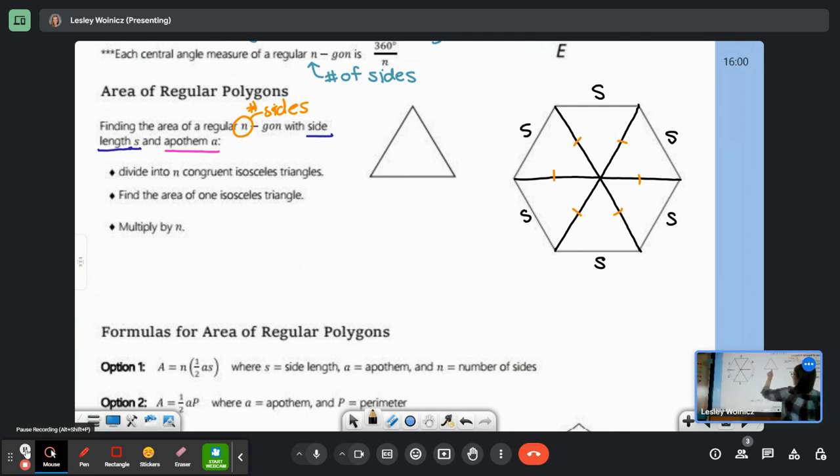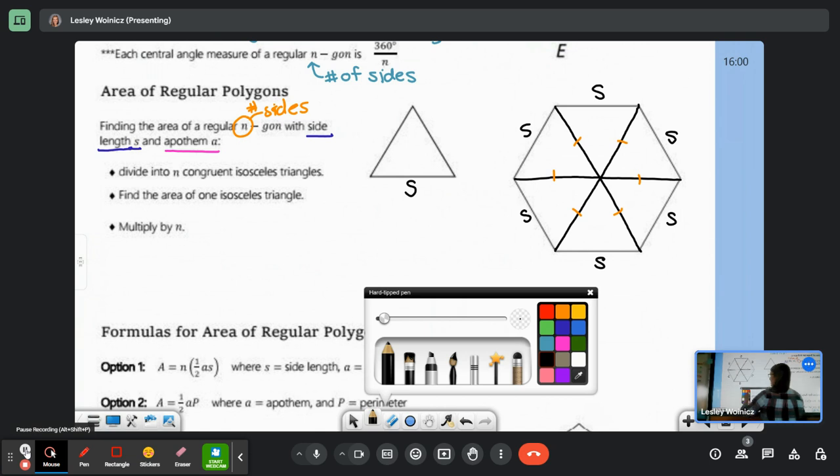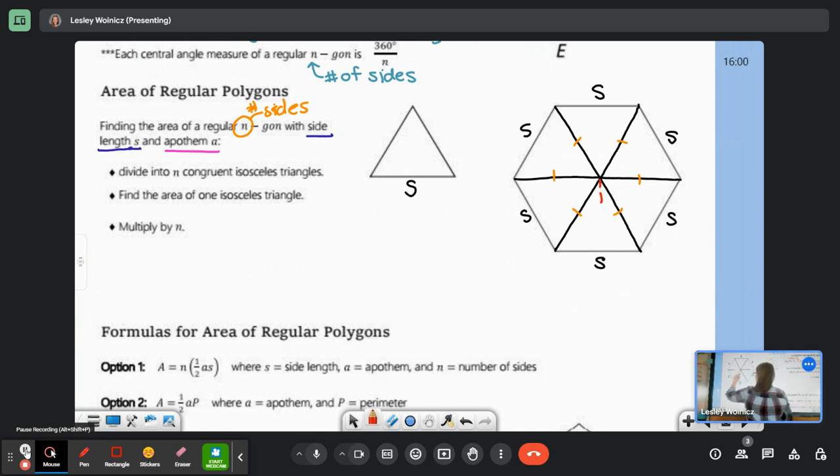It's just the side length. And then if I draw in my apothem, you notice anything funny about that?